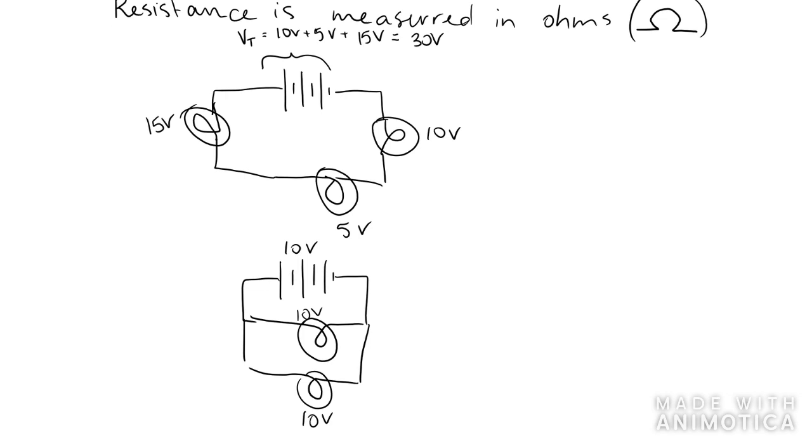Current, though, is the complete opposite. If you're measuring a current in series, and we say this is 2 amps, no matter where you measure it, it will be 2 amps. It never changes.